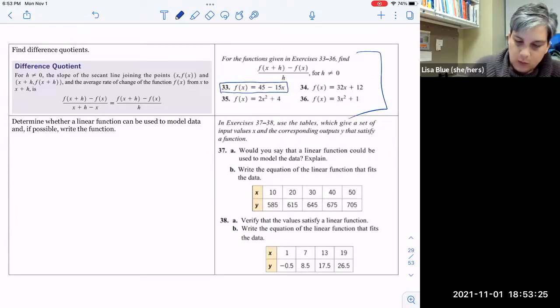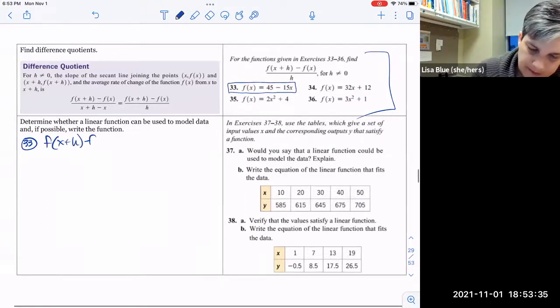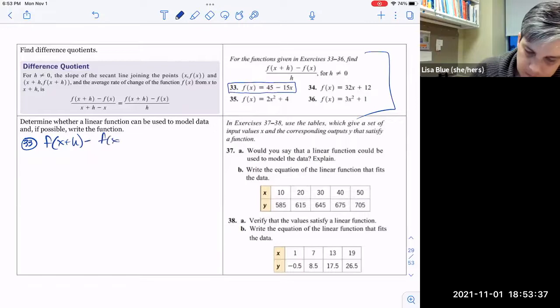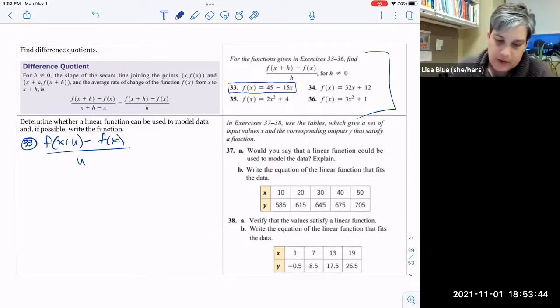It tells us that we want f of x plus h minus f of x, and we're going to divide that by h. The easiest way I have found to accomplish this is to figure out what each of these pieces are and then plug them in individually.